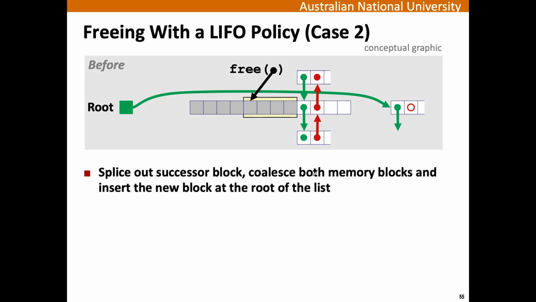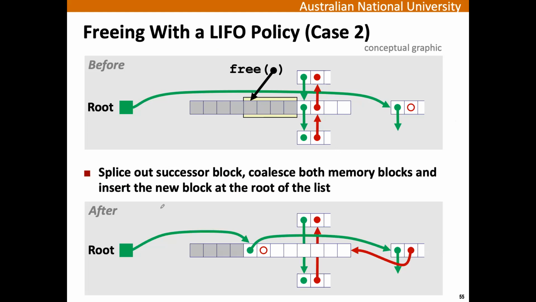So this is going to come here, this will go here, this will go here, and this will probably go here. So let's see. Right, so my root is now here. This is the whole thing that I'm freeing.